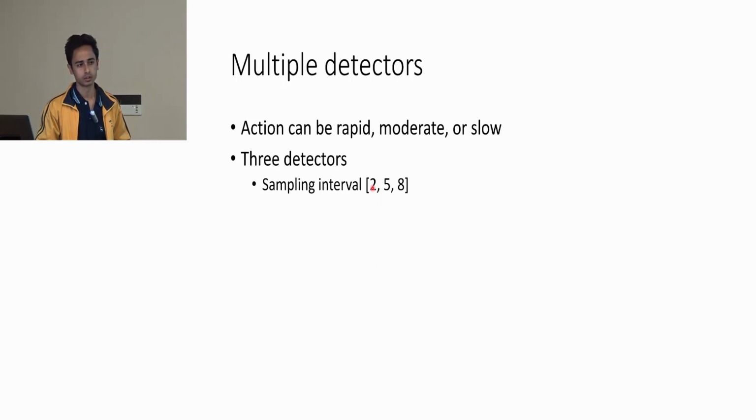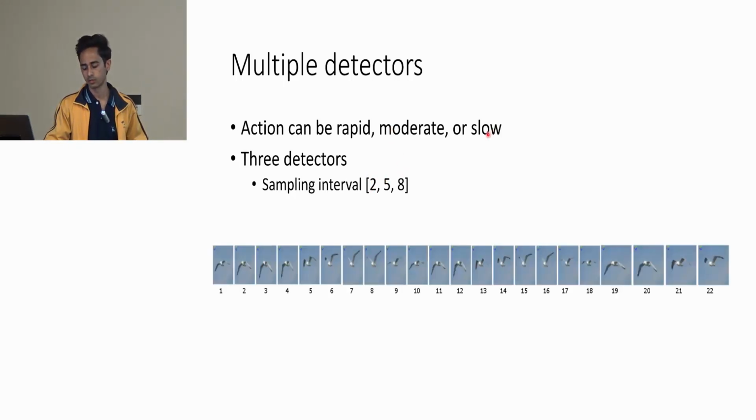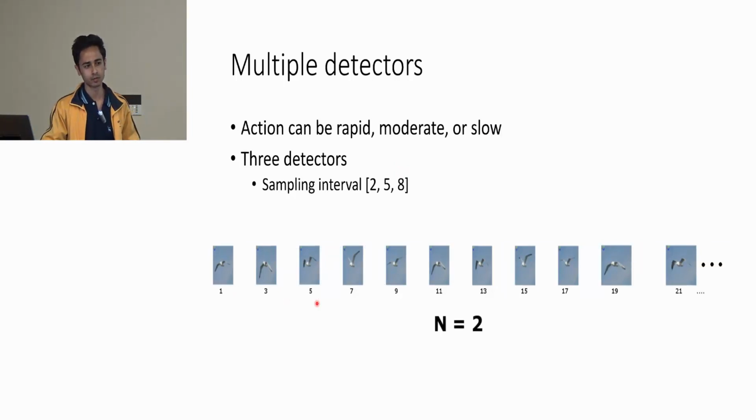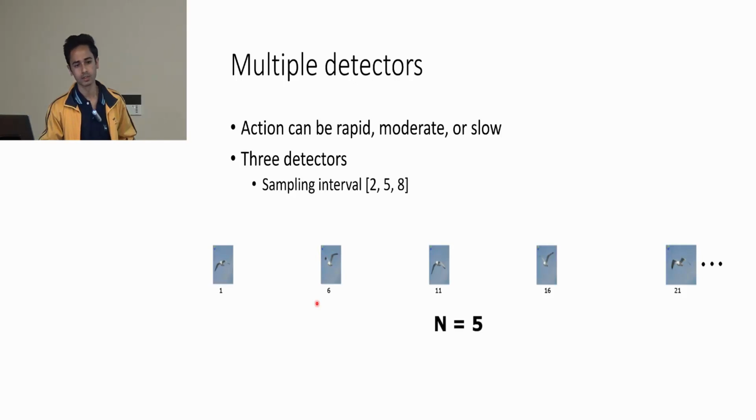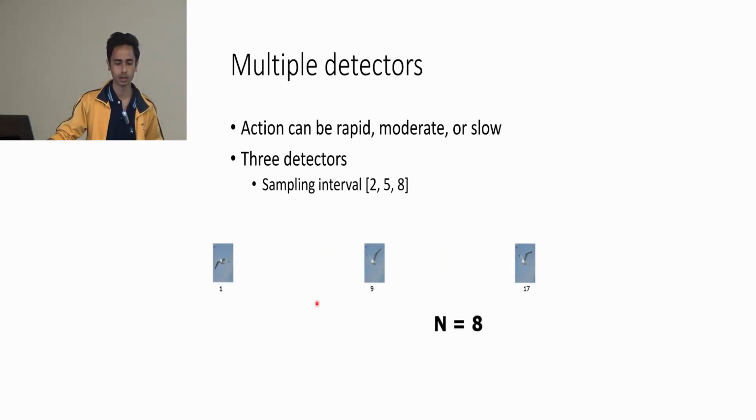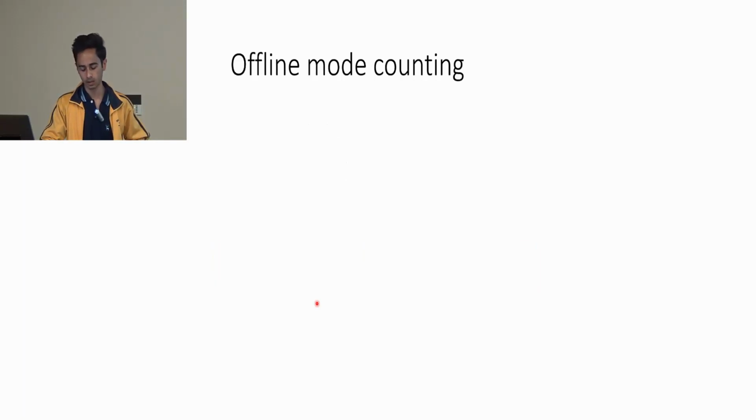They use 2 for rapid actions, 5 for moderate actions, and 8 for slow actions. So 2 samples every other frame, 5 samples every 5th frame, and 8 samples every 8th frame from the input sequence.